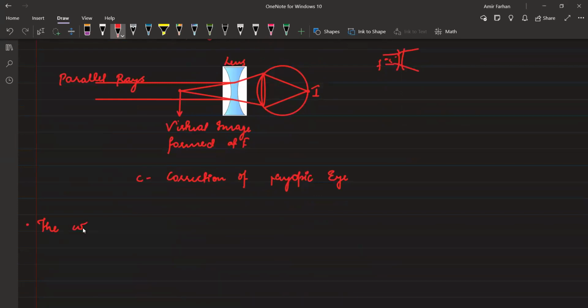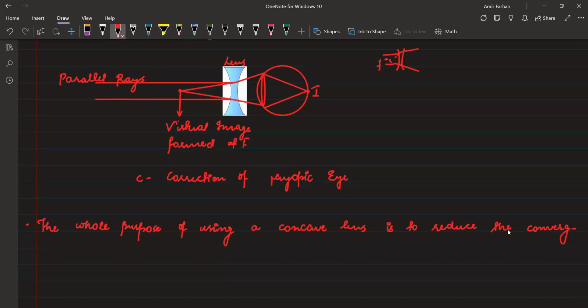Okay. The whole purpose is to use the concave lens to reduce the converging power of the lens. To reduce the converging power of the eye lens.